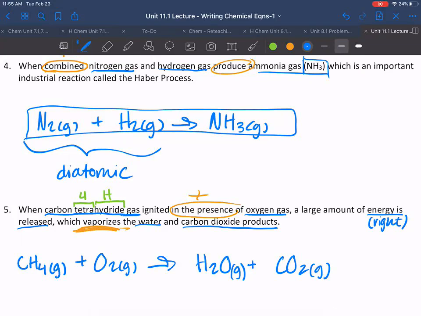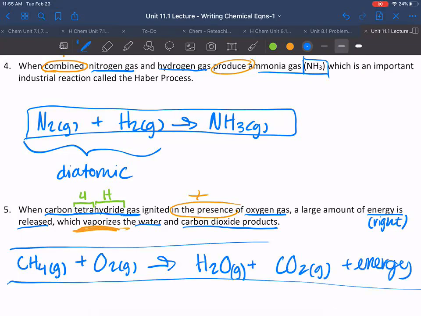And we have to add energy. And this is our final one here. It does not matter where on the right side, as long as it's on the right side of the arrow.